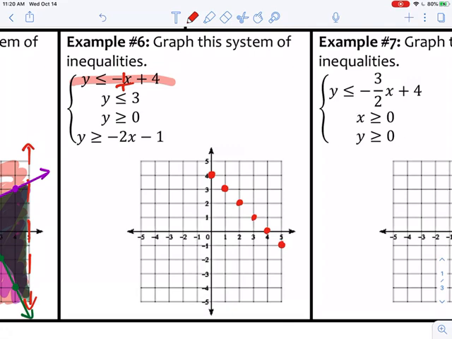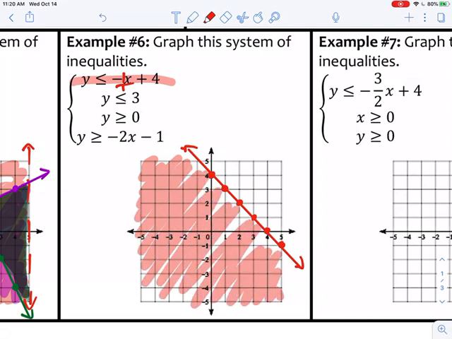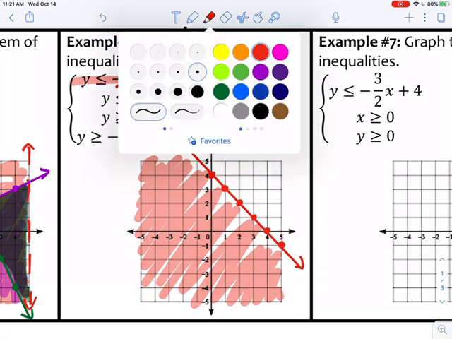And this is a solid line, so we're going to draw a solid line. Close enough. And it is less than. So from our y-intercept, we're going to go down. Everything on this side of the line is where we're shading. Okay, and now we've narrowed it down to our solution is somewhere in here. We don't care about that corner.